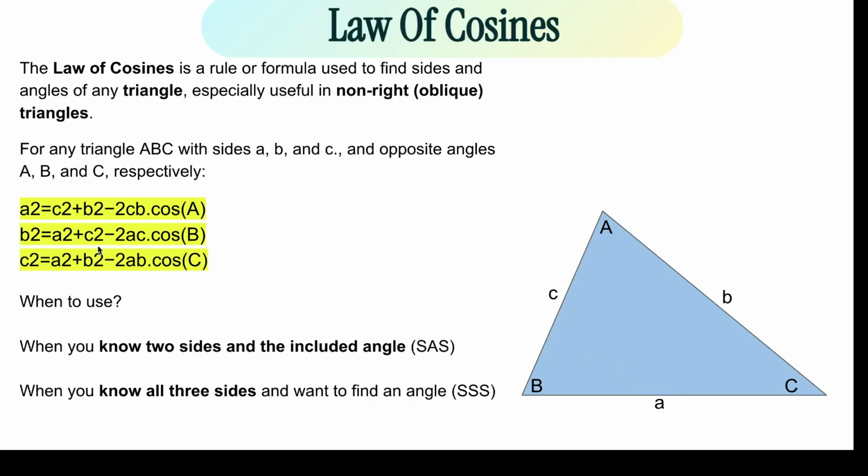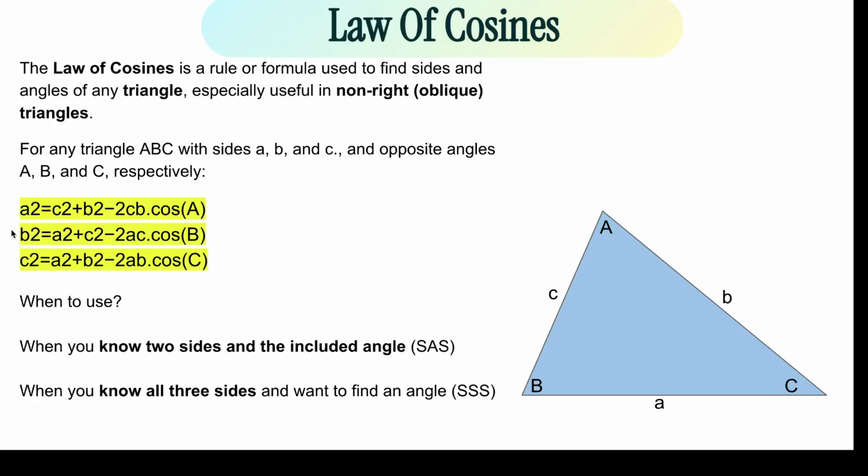The same applies to the other two sides. Let's say this side is missing: this side to the power of 2 is equal to the other two sides added, each one of them to the power of 2, minus 2 times the product of the other two sides times the cosine of the angle opposite to the side that we're looking for.